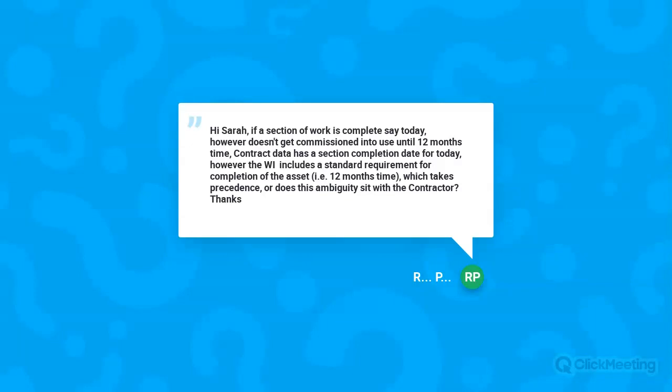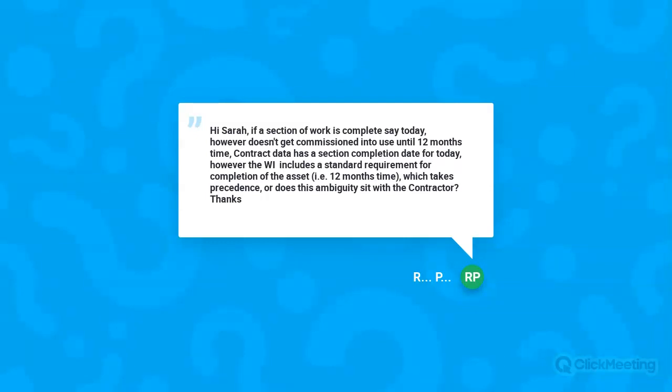Yeah, that sounds like it's a bit of a circular thing, isn't it? So if you're the contractor here, you're wanting completion, I think you're probably okay. It looks to me like you've got works information that says you get sectional completion for a piece of equipment, but it can't be commissioned until 12 months from completion, or until it's been used for 12 months.